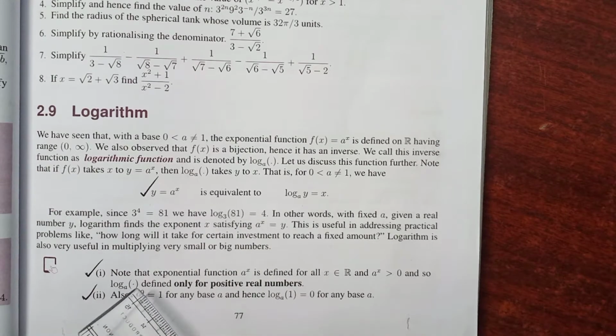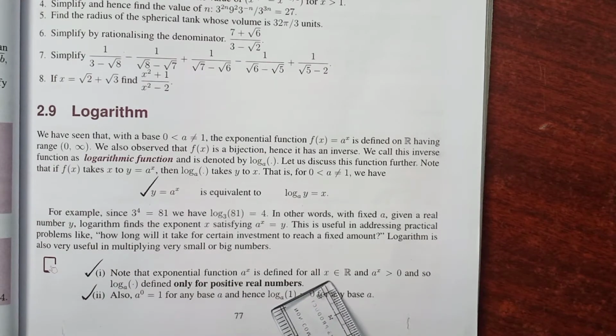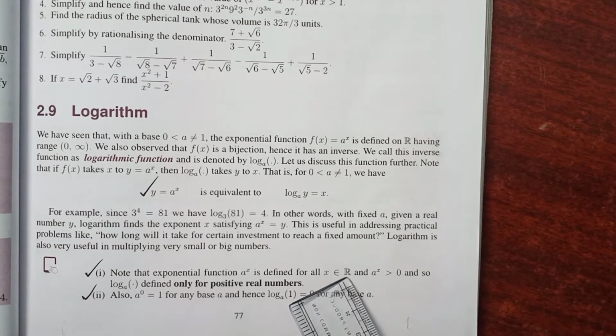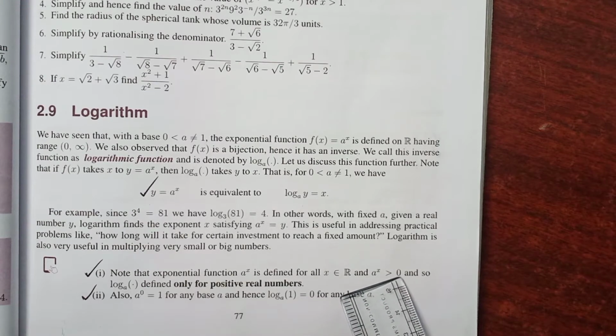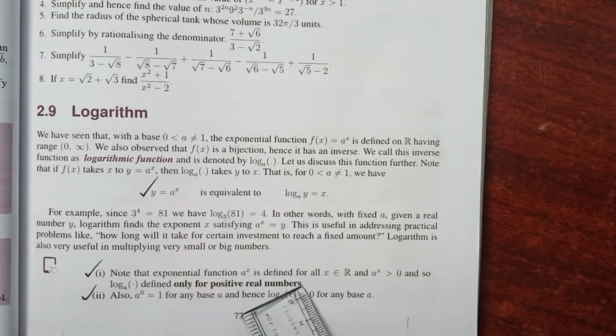Note number 1. The exponential function a power x is defined for all x belonging to capital R, where R refers to the set of all real numbers. A power x is always greater than 0, positive only. And so the log function is defined only for positive real numbers.